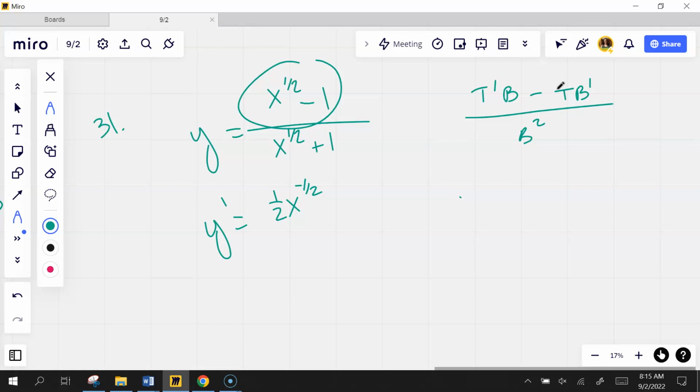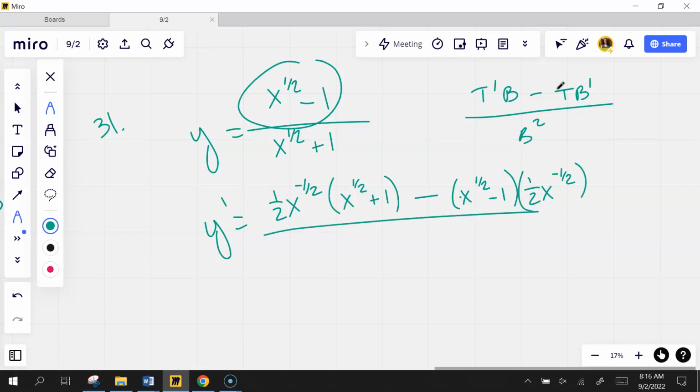That's the derivative of the top times the bottom, minus the top times derivative of the bottom, 1/2 x to the negative 1/2, all over the bottom squared. I do need to work with the top a little bit because it's not completely factored, just to make sure nothing cancels or simplifies.